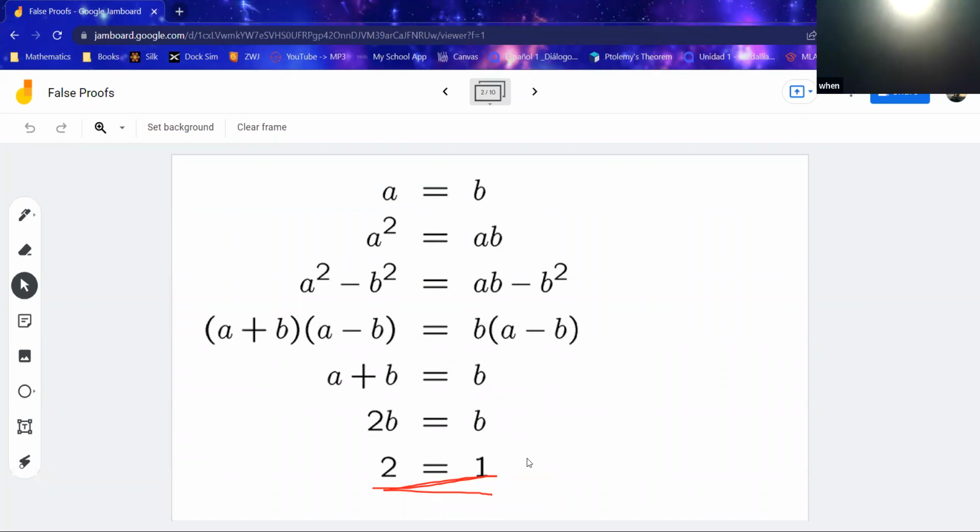Well, in the fourth line, a plus b times a minus b equals 0, right? And on the right hand side, b times a minus b, that's also 0. And then I don't think you can distribute 0.